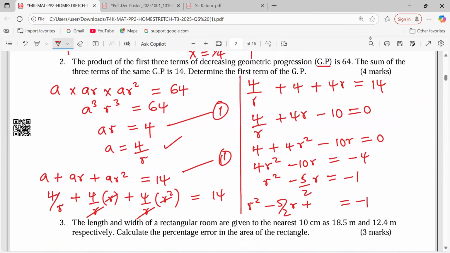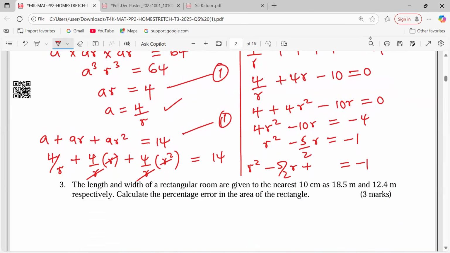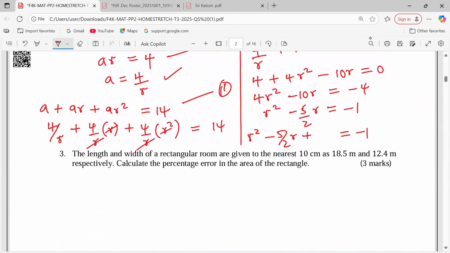The constant c that makes an expression a perfect square is given by the value of b over 2, then squared. So what is the value of b that we have here? Negative 5 over 2. So we divide it by 2, then we square. When you divide by 2, it shall be negative 5 over 4, then we square. So it shall be 25 out of 16.